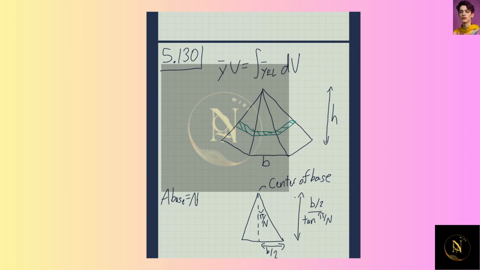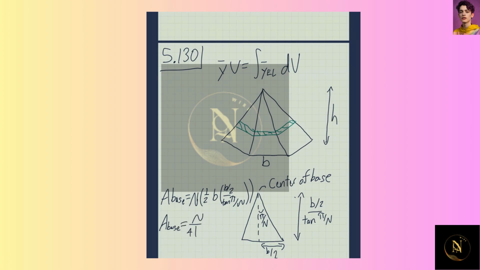So then we can find the area of the base of a pyramid, which is going to be equal to the number of sides times 1/2 times b times b over 2 over the tangent of pi over n.